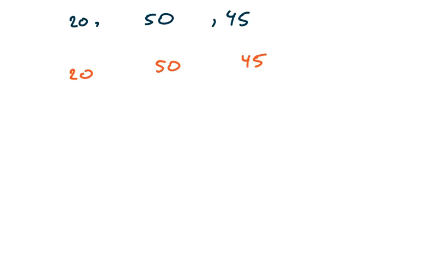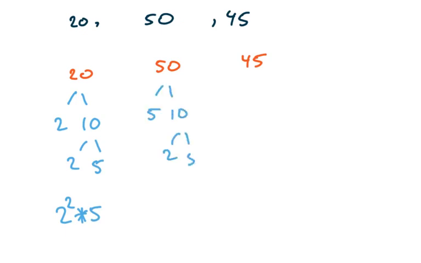So let's break these down. How you break this down versus how I break this down may not match up, and I encourage you to do it a different way and see if your prime factorization matches up with mine. With 20, I could do 2 and 10 as I did, but I could have also done 4 and 5, and it would work either way.